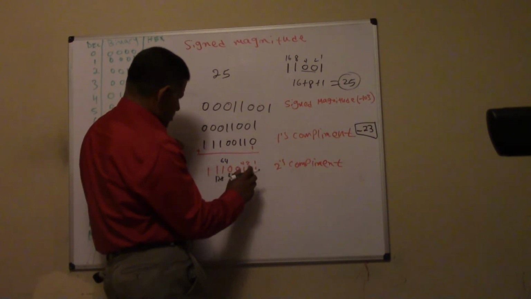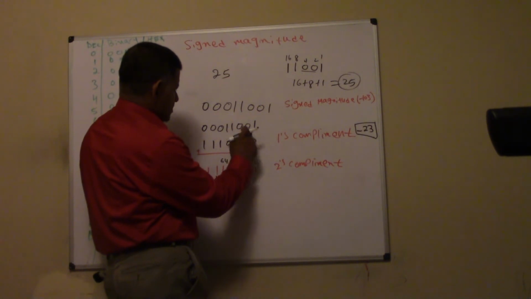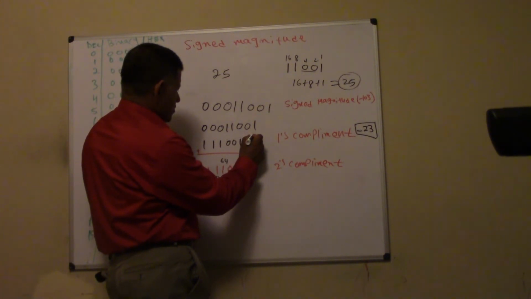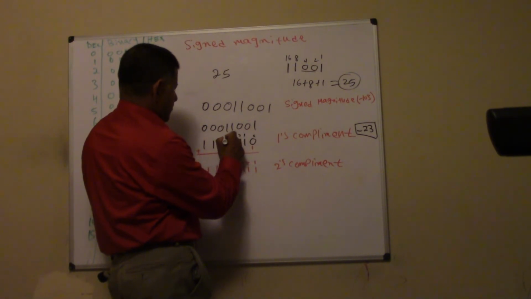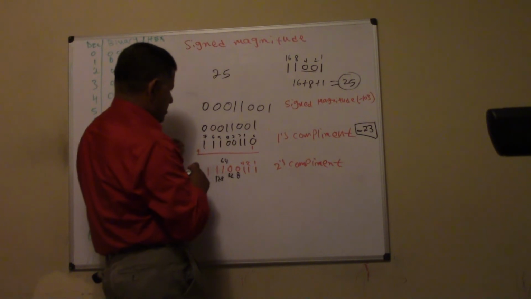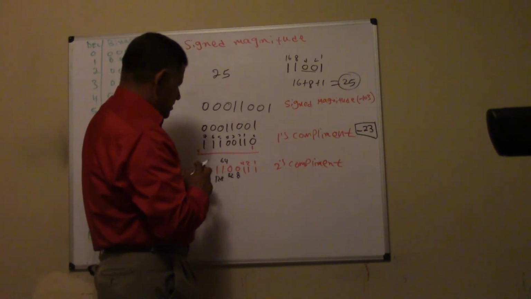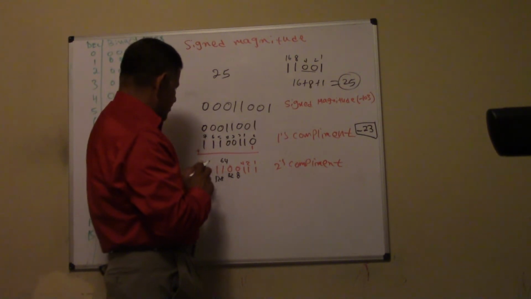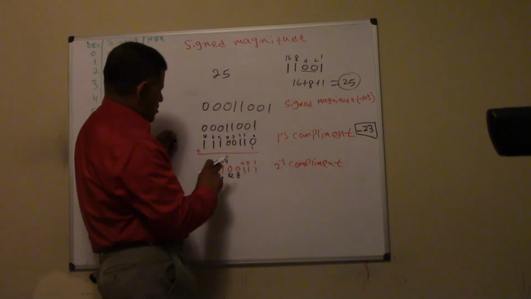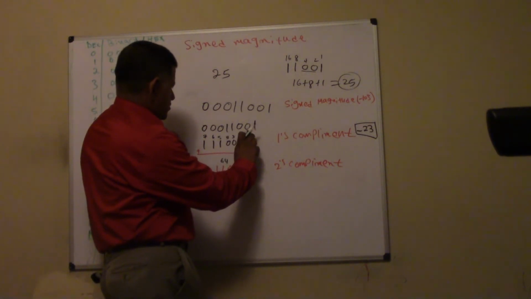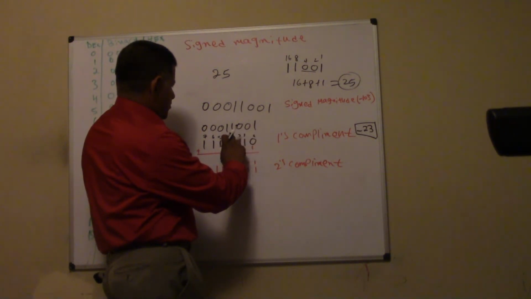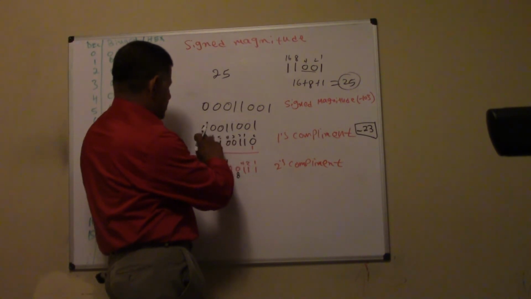Okay, so how many digits do we have? 0, 1, 2, 3, 4, 5, 6, and 7. Okay, so it is correct.